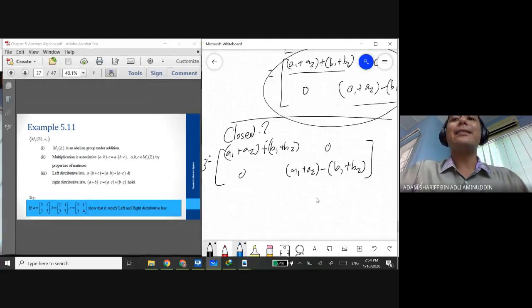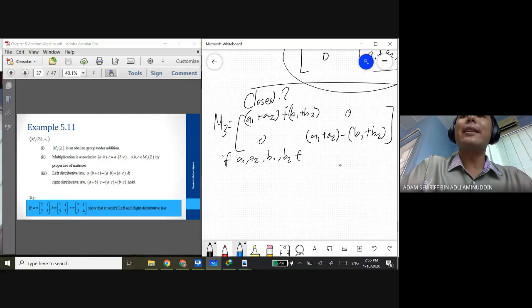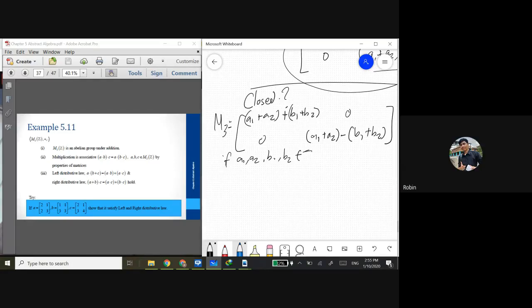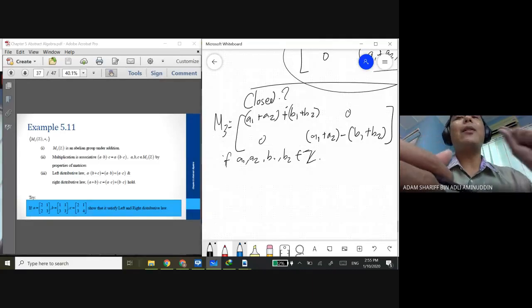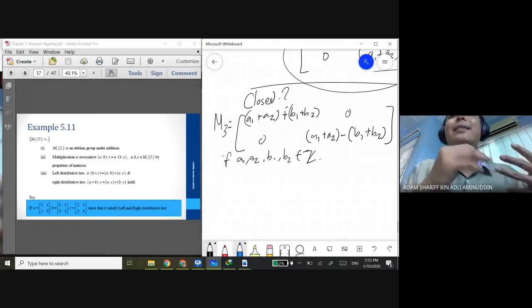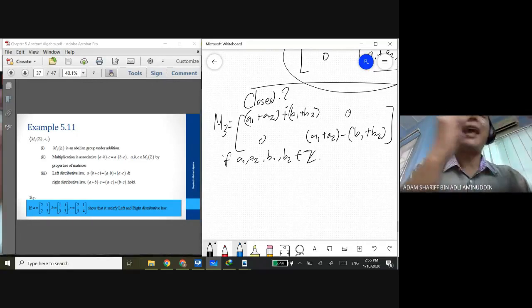Thus, this M3 is an integer. To answer closure for this one, it's very simple actually. If A1, A2, B1, B2 is an integer, mesti dapat integer. Mesti dapat integer, betul. But because this is true for every integer out there, A1 apa-apa integer, A2 is every integer, B1 apa-apa integer, B2 sama.